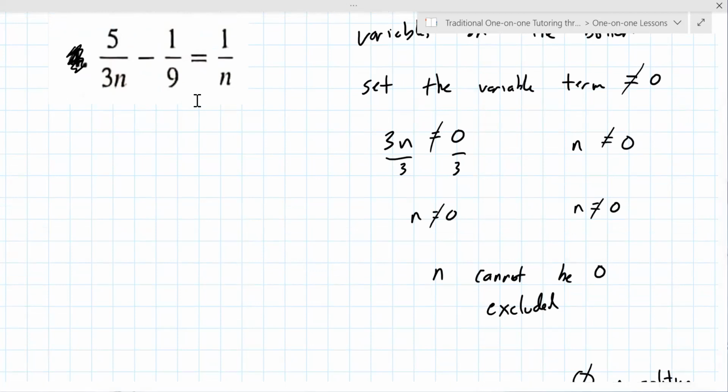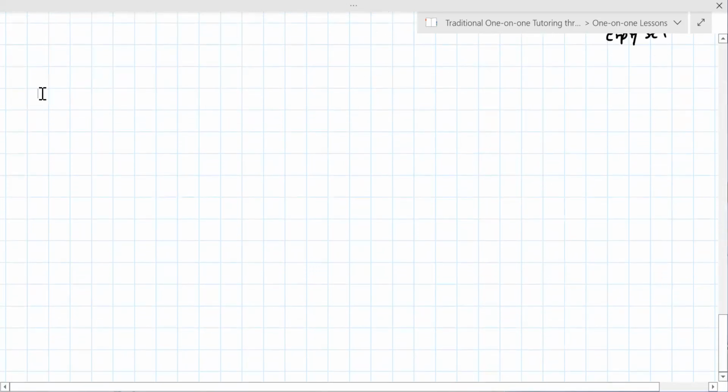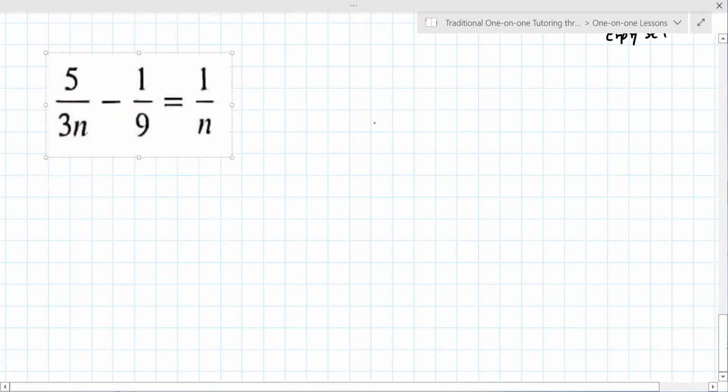Now, this one's more complicated because you have to find the least common multiple, and it's more than just numbers. So let me reframe the question down here. You're looking at the least common multiple of 3n, 9, and n. This is where it gets tough.